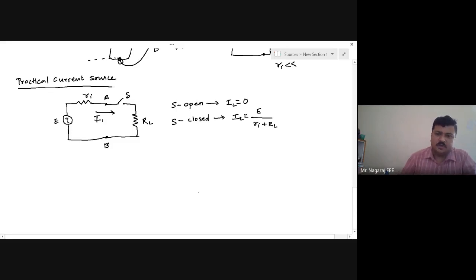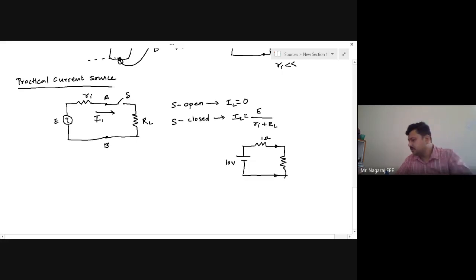What does that mean? For example, I have a simple circuit here. I will take a very simple circuit. It is a 10 volts battery. It has some internal resistance of say 1 ohm, and I am connecting a load resistance of 4 ohms.